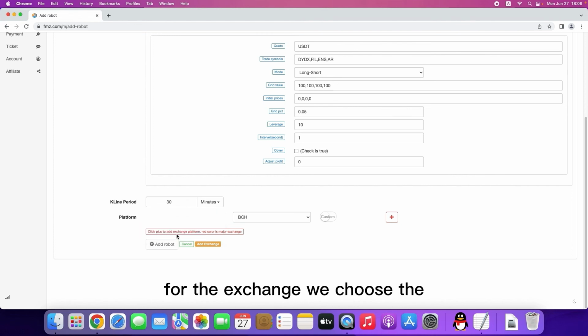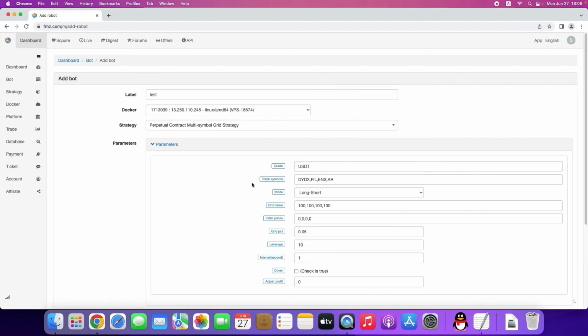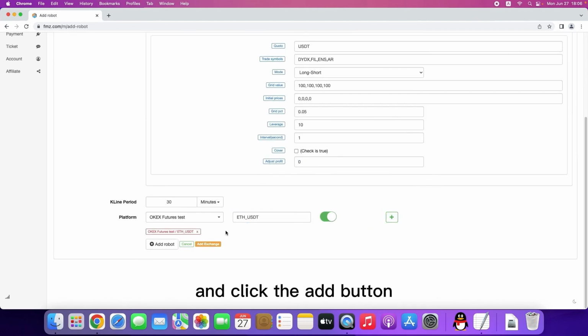For the exchange, we choose the OKEX futures test that we just configured. Set ETH USDT and click the Add button.